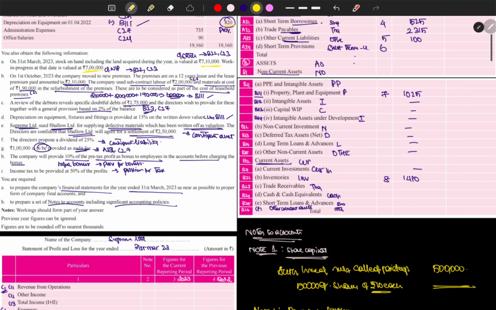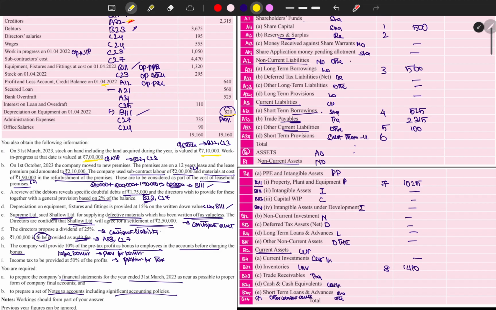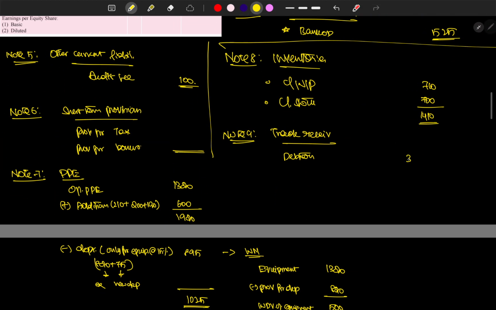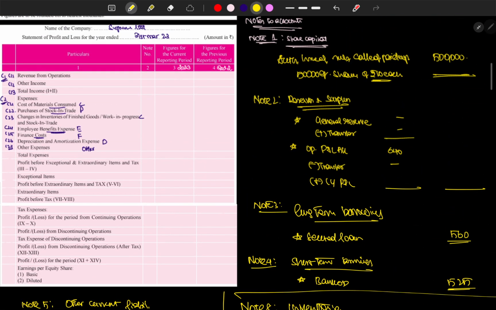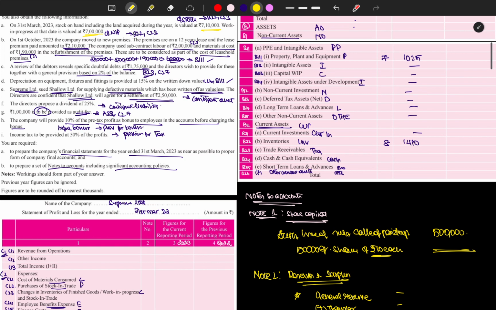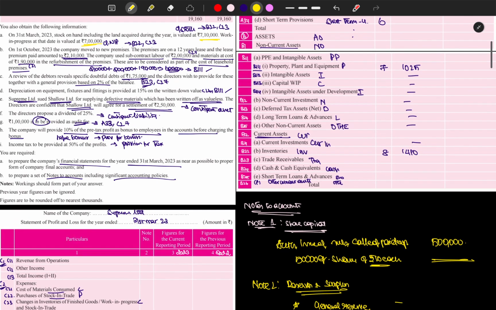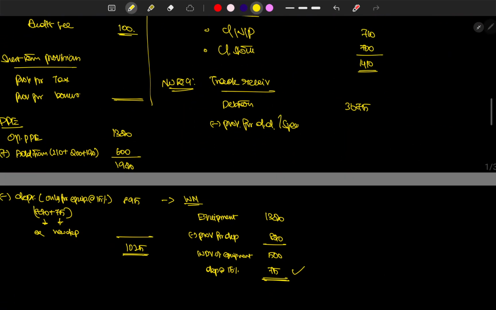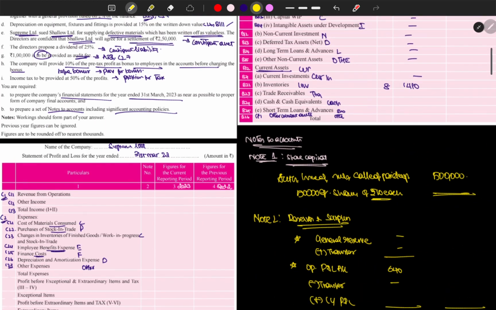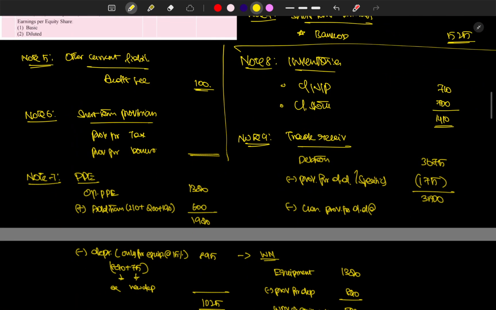Debtors amounted to 3675, minus provision for doubtful debts, which is 1,75,000, the specific provision. 3675 minus 175 is 3,500, minus general provision at 2%, which is 70.